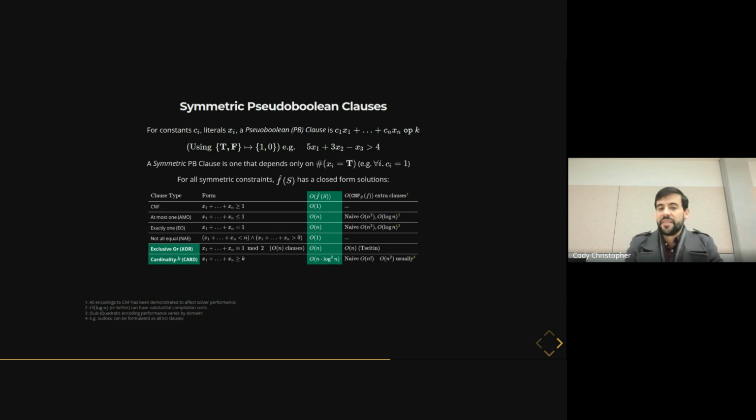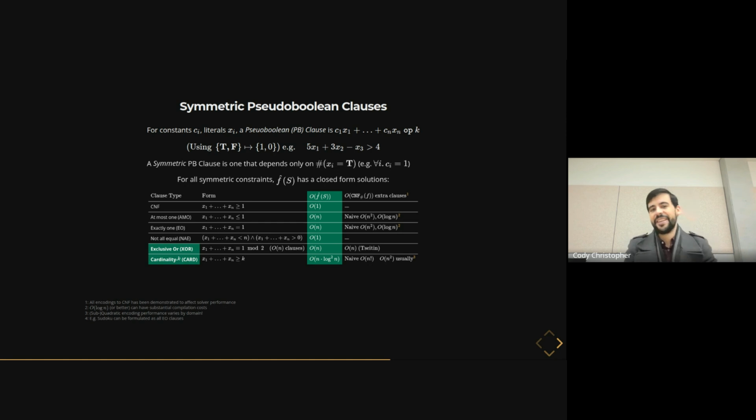Now, why this matters is if we were to take a problem that would natively be expressed with these pseudo-Boolean clauses, like this would be the most natural way to express the constraints you're dealing with. To use classical SAT solvers, you would need to essentially ground those clauses in CNF. And it turns out for some of these, the actual CNF representation of a single clause requires many, many more CNF clauses to represent.